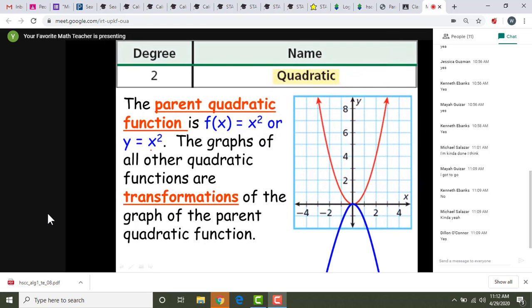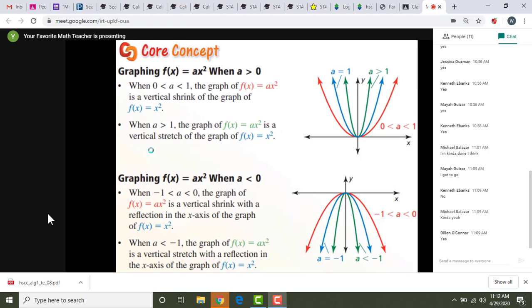It could even reflect. That would be a stretch, and that would be a shrink. And that's what we're talking about right now.